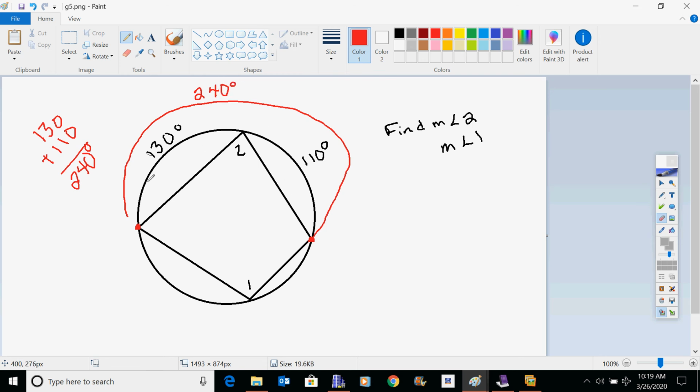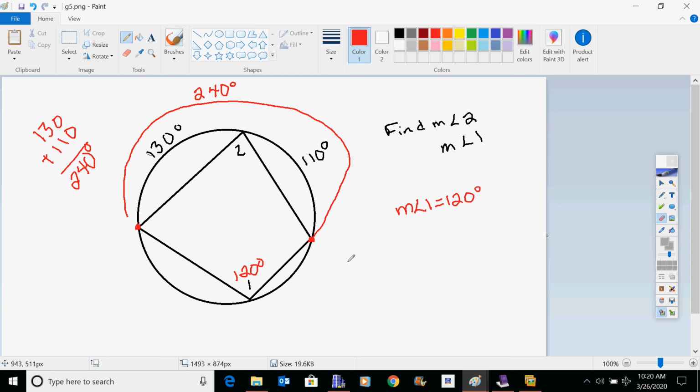And if that's 240, then the inscribed angle that's across from it is half of that. So that would make 120. So measure of angle 1 equals 120.